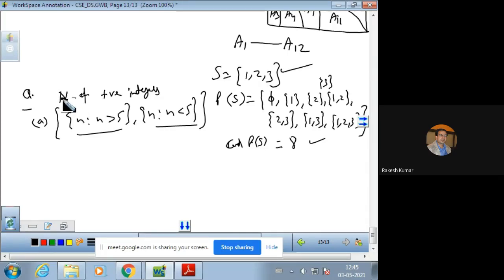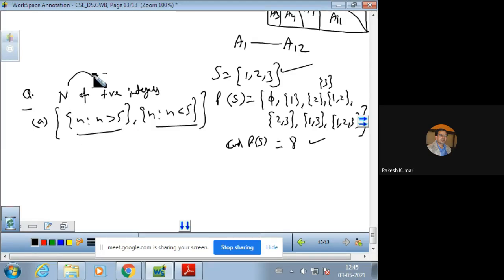And now you just see n is greater than 5. इसका मतलब है इसमें आगे आके 5 से ऊपर वाले नंबर, 5 से ऊपर वाले हो गए 6, 7, 8, 9, 10 एंड less than 5 में 4, 3, 2 नीचे की तरफ आ गए. But 5 is not included.